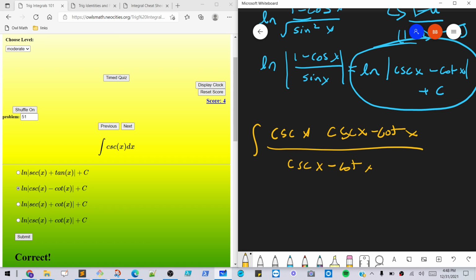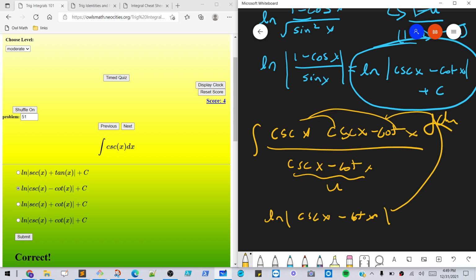And then what happens, let's see, this is going to be cosecant squared. This is going to be cosecant times cotangent. And if you substitute u here, you have du on the top. So then when you integrate that, you just end up with ln cosecant minus cotangent, which is this answer here.